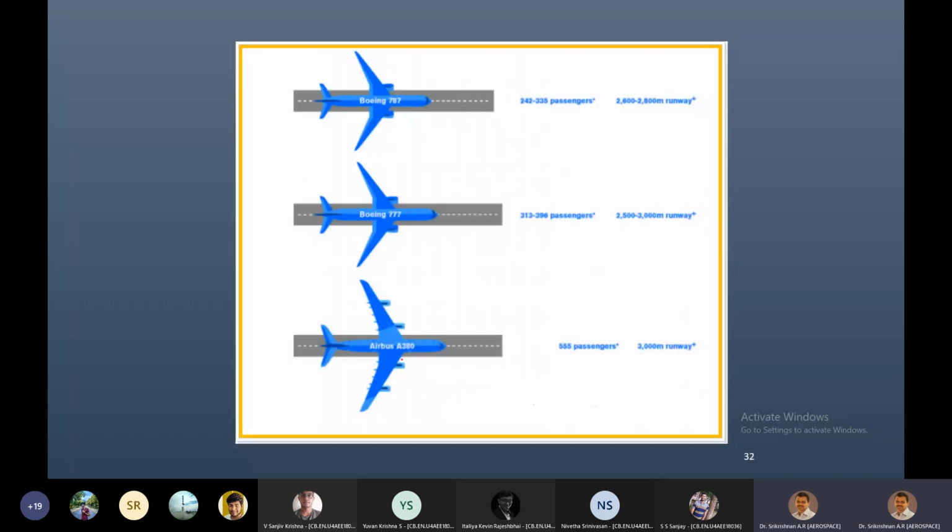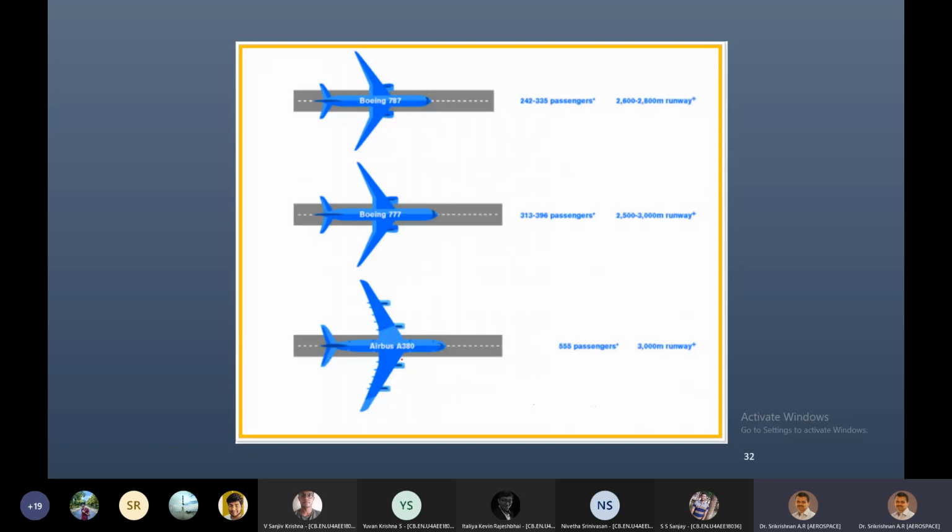Similarly for larger aircraft also. Obviously they increase with the size, though not linearly. The slope of increase may sort of flatten off. For example, for the Boeing 777 the length requirement is given as 2,500 to 3,000 meters depending on the exact capacity of the aircraft.